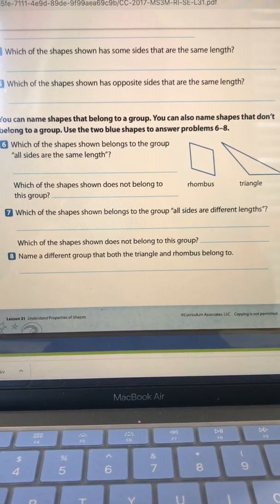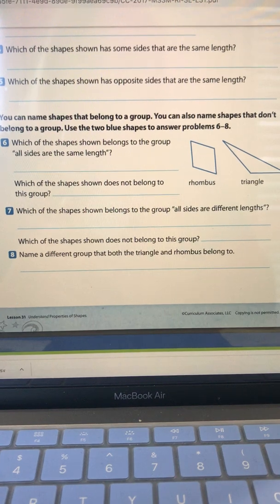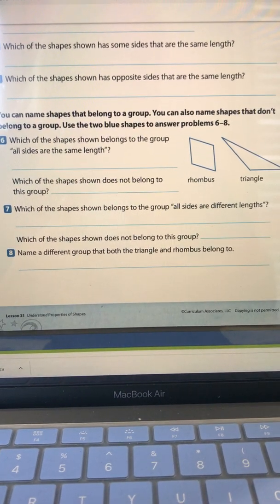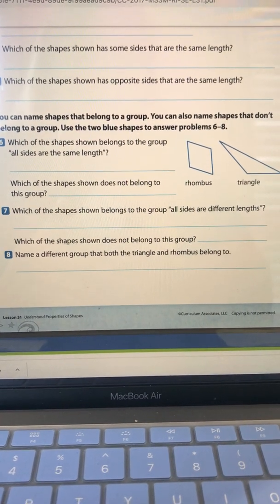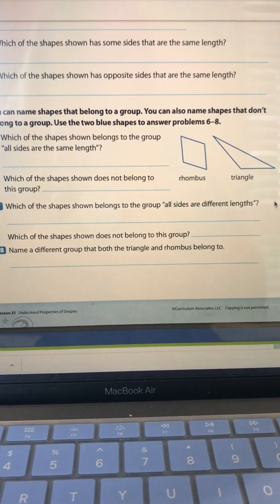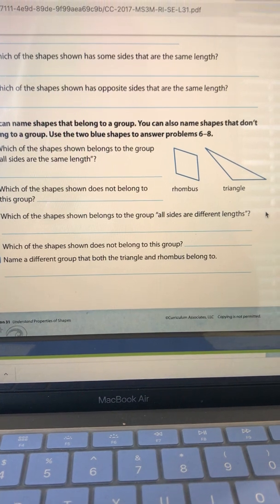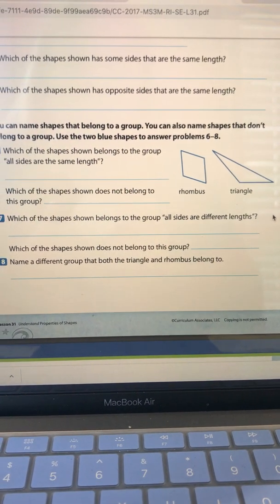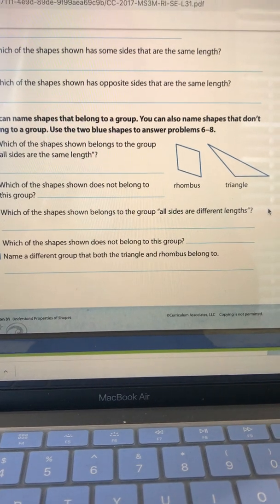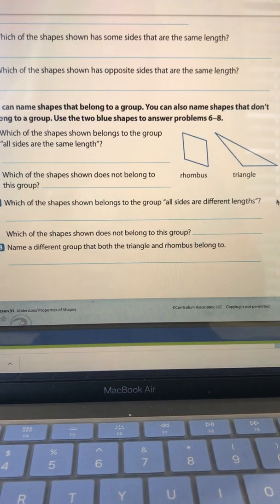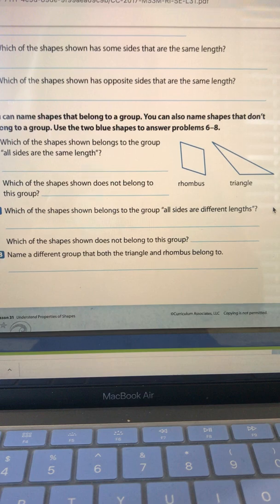Y'all think of anything else? One thing that we wrote at the top that we have not wrote down here is about the right angles or the square corners. Do either one of those shapes have a square corner? No right angles, because we could also say that both the rhombus and the triangle do not have right angles.